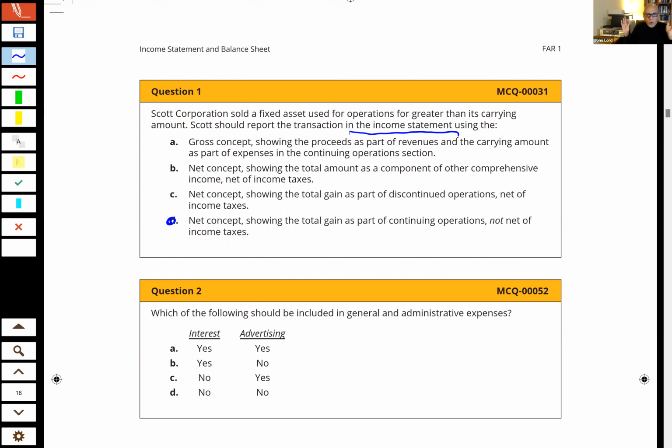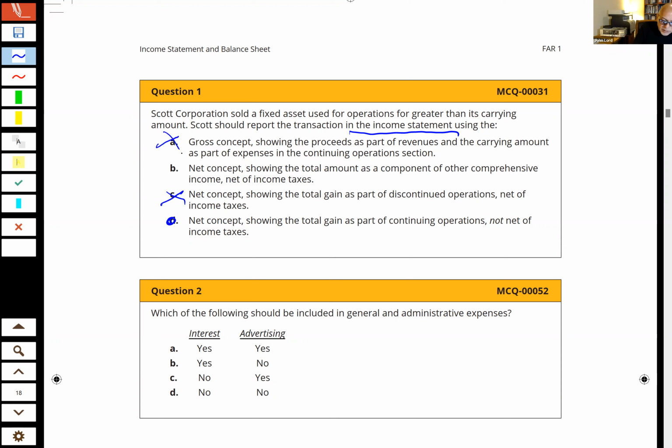I didn't sell the whole segment of the company. Discontinued operations are when I take a whole segment of my company and I spin it off, I get rid of it somehow, right? So we're not talking about a discontinued operation here. We're talking about just selling a piece of equipment out of my continuing operations. Isn't that what's happening? So C is not correct.